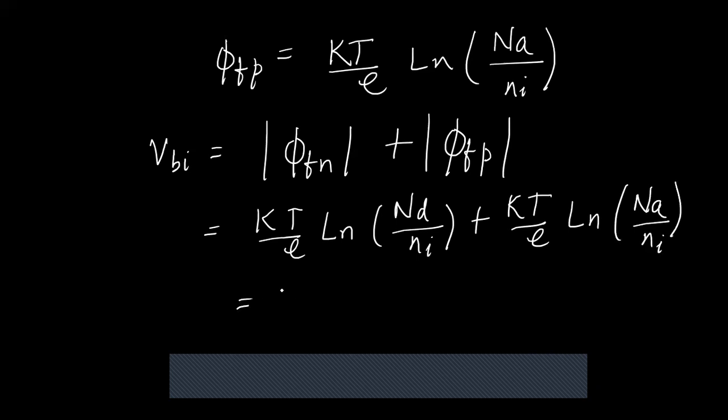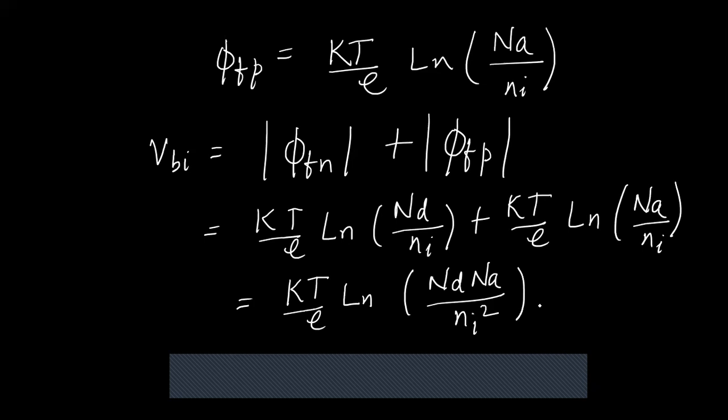We can take kT by e common, and in this we get Nd and Na divided by Ni square. So Vbi is equal to kT by e ln Nd Na divided by Ni square.